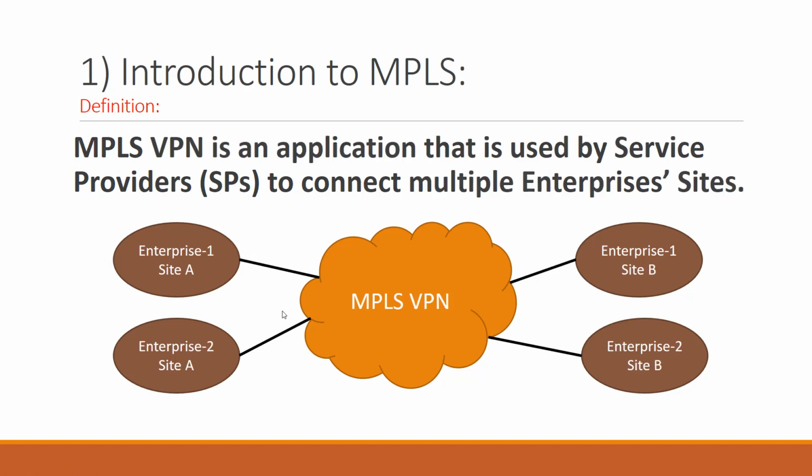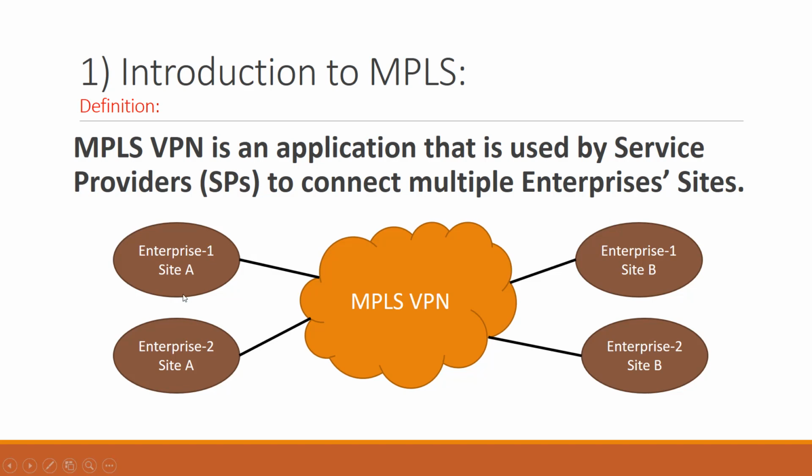Another definition that can be used, or another application for MPLS, which is called MPLS VPN. So as a definition for this MPLS VPN, it's an application that is used by service providers to connect multiple enterprises sites. So in this case, we have more than one enterprise, enterprise 1 and enterprise 2.